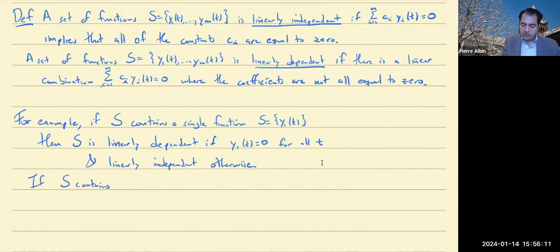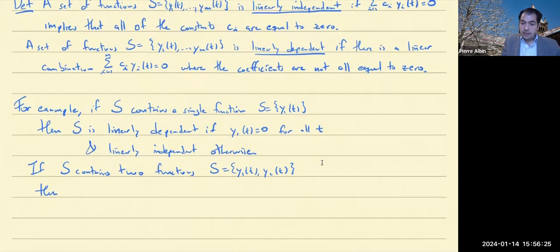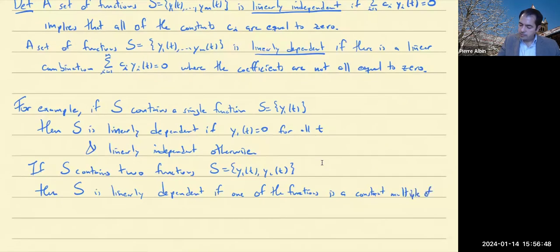If S contains 2 functions, then S is linearly dependent if one of the functions is a constant multiple of the other, and is linearly independent otherwise.